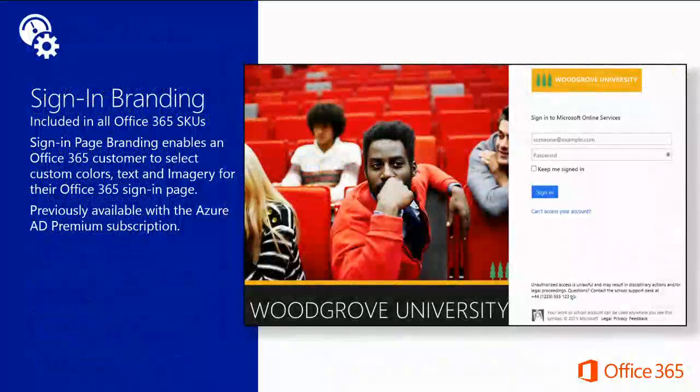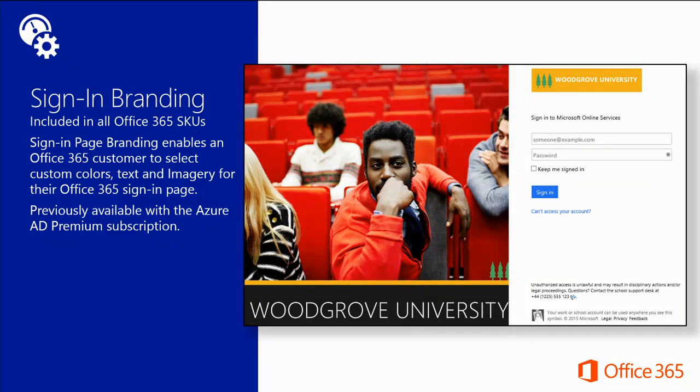Also, something just introduced is sign-in branding. This is included in all Office 365 SKUs. This was previously only available for Azure Active Directory Premium subscriptions. In this feature, we can now take that initial sign-in page. Once you type in your domain name, davbrand@microsoft.com, we evaluate that, and if there is an actual branded login experience for you, we send you to that proper experience.